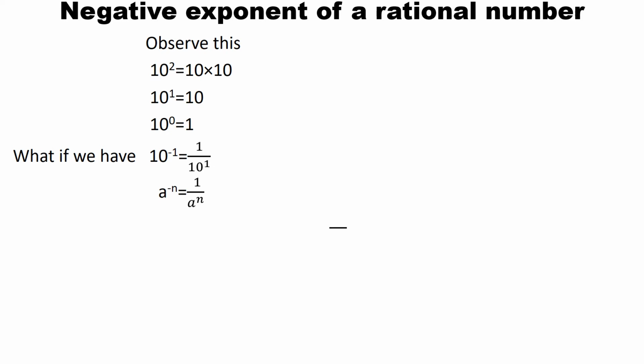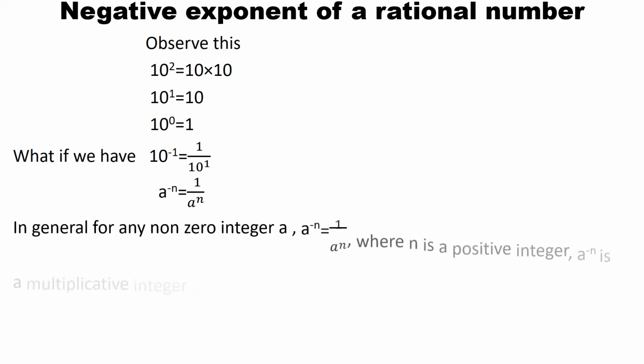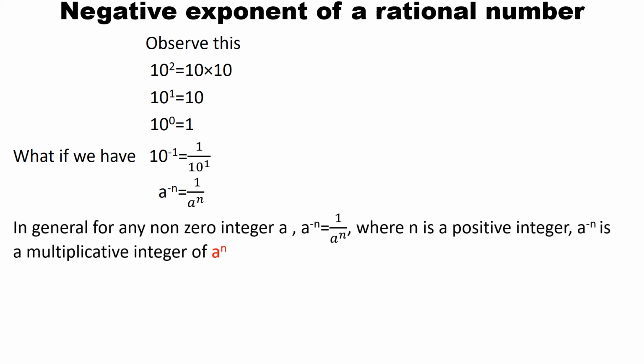We made it positive in the fraction. In general, for any non-zero integer a, a power minus n is equal to 1 by a power n, where n is a positive integer. A power minus n is the multiplicative inverse of a power n. So this is the formula we follow when a negative exponent comes.